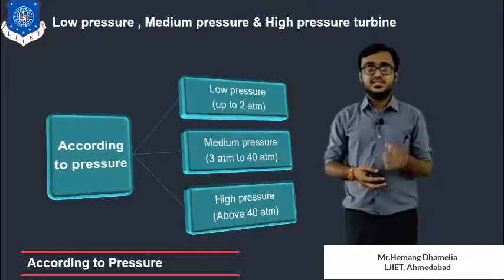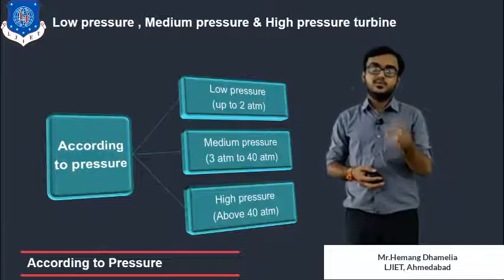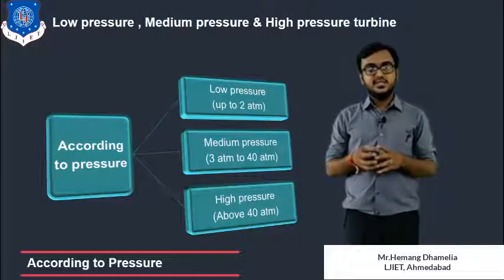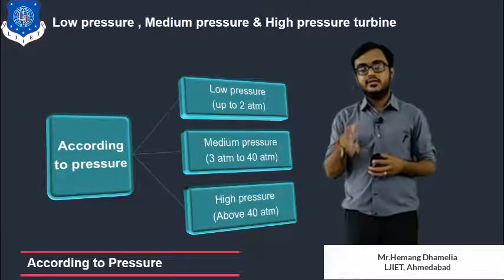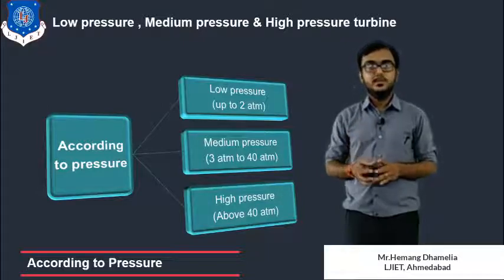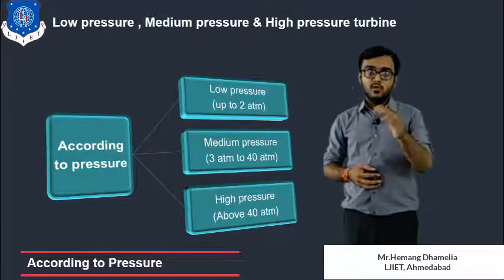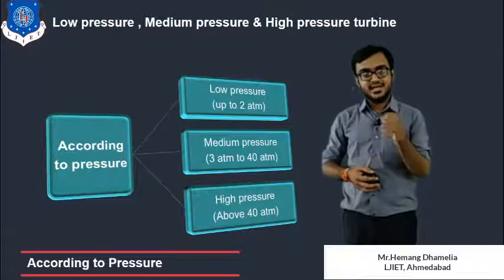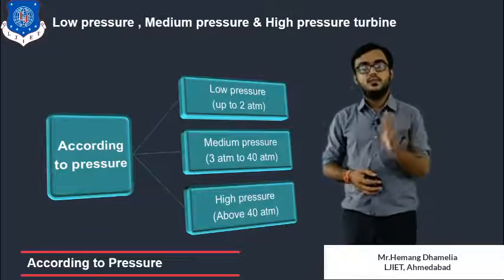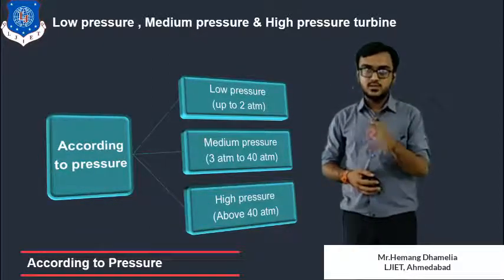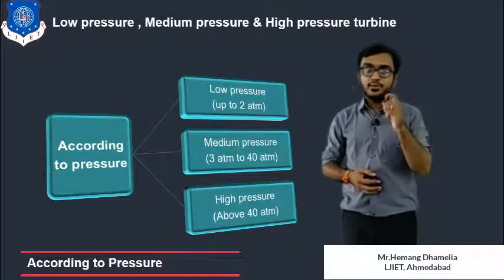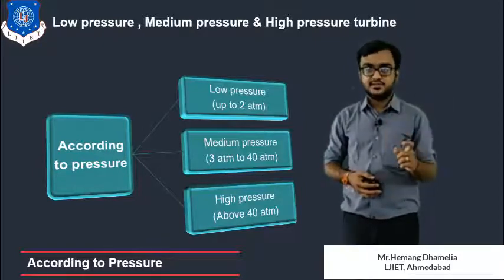If the pressure is between 3 atmospheres and 40 atmospheres, then this type of turbine is categorized as a medium pressure turbine. And if the pressure is above 40 atmospheres, then it is categorized as a high pressure turbine. So that is all about the classification according to the inlet pressure.